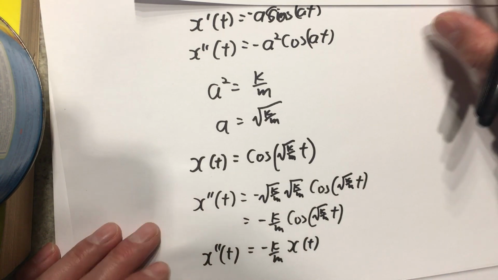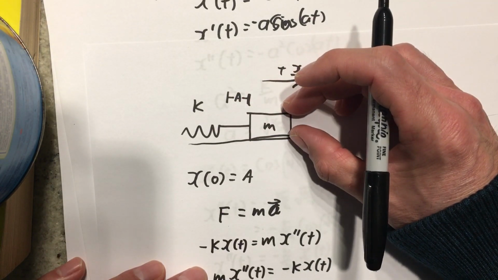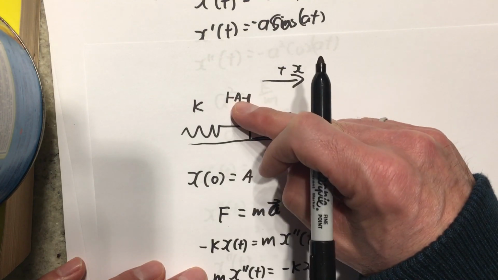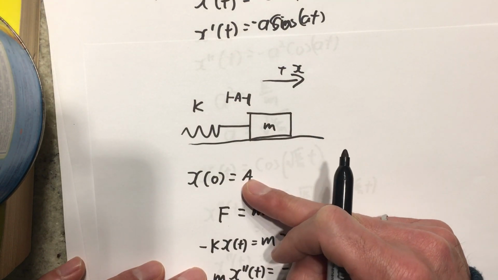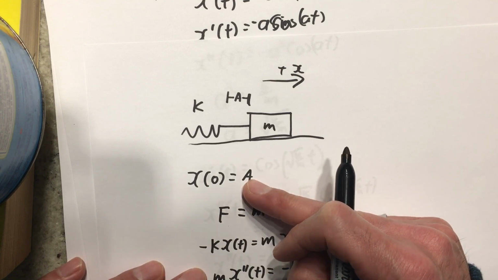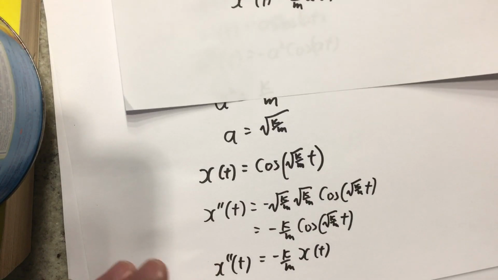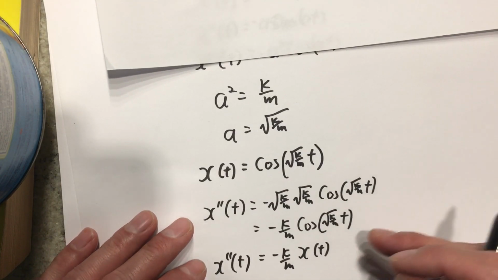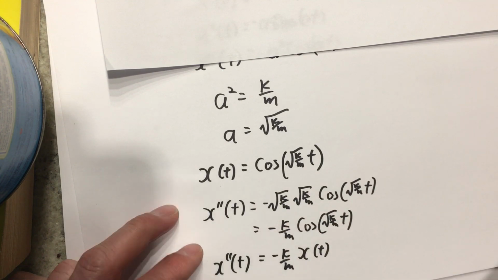The only thing that's missing is when we started, we moved this a distance of a. Remember, at time 0, our position was a. We call that initial conditions. For those initial conditions to work, all we've got to do is multiply this by a.